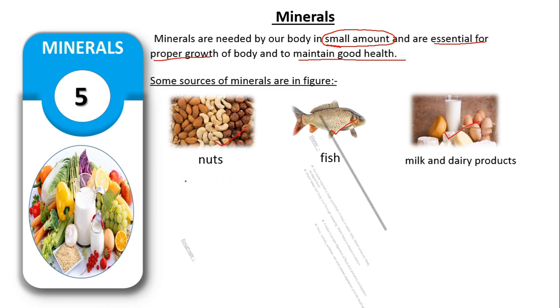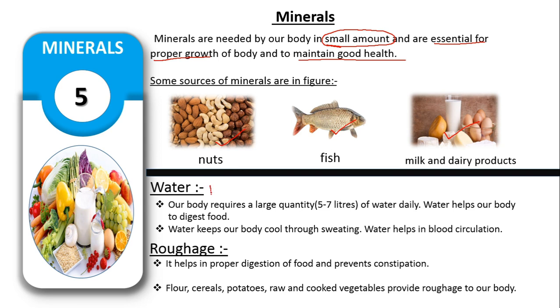Now we will see the function of water and roughage in our body. Our body requires a large quantity of water daily, which helps in digestion of food. Water keeps our body cool through sweating. Water also helps in circulation of blood.